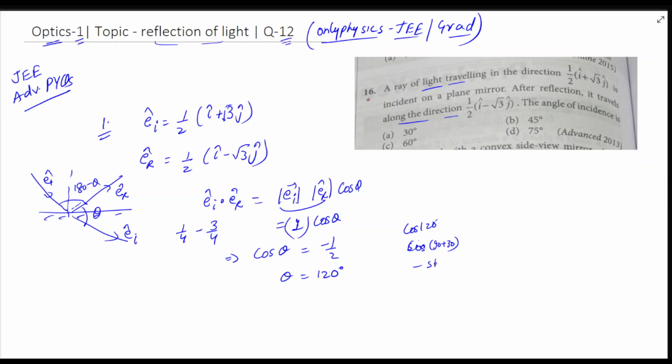So it will be minus sine 30, so minus 1 by 2. So theta we get is 120 degrees. Then 180 minus theta will be 60 degrees. And we need the angle of incidence. So angle of incidence will be 60 by 2, right? So it will be 30 degrees, right?